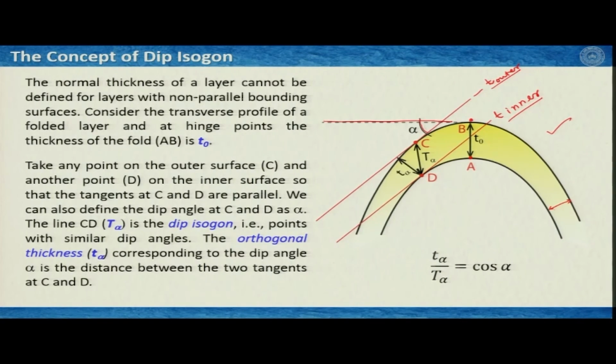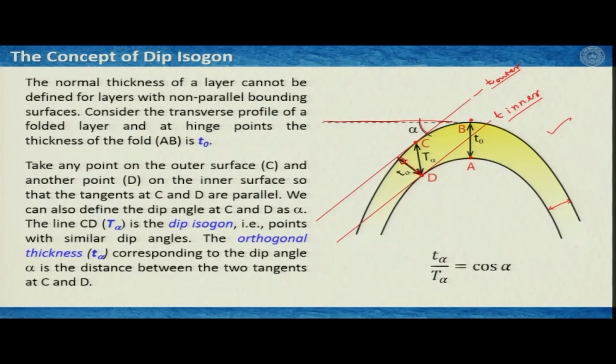Once we figure out the dip isogons, we can measure the thickness of this layer as the distance from T inner to T outer. This is known as the orthogonal thickness, which corresponds to the dip angle alpha.